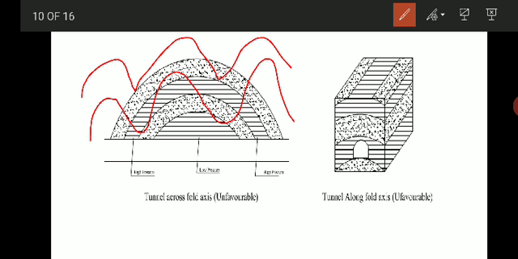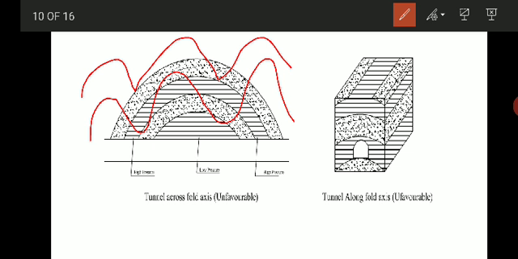So unexpected rock may be encountered along any given direction because they are folded. This situation becomes serious if the folding is not recognized properly in the survey, either due to it being very localized or due to misinterpretation. If you miss it, then you have to face problems during the construction of the tunnel.